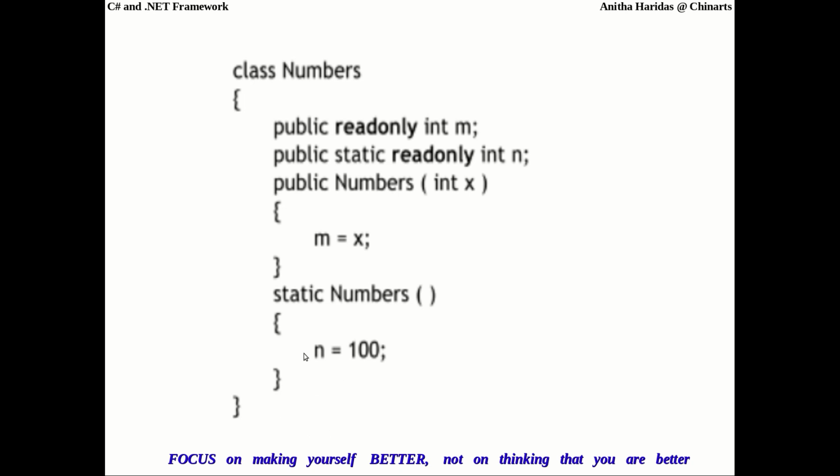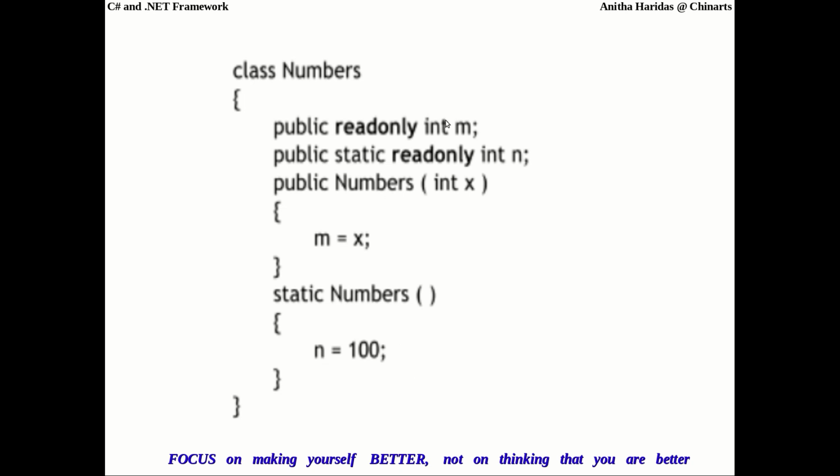And observe here, for each object of class Numbers, if I am going to have n1, n2, n3, for n1 I will have a different constant value for m, whereas the same value for n. n is going to be a static member, so all the objects of Numbers will have 100 as the value for n, which cannot be modified.